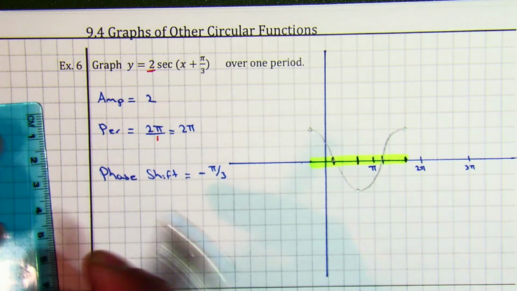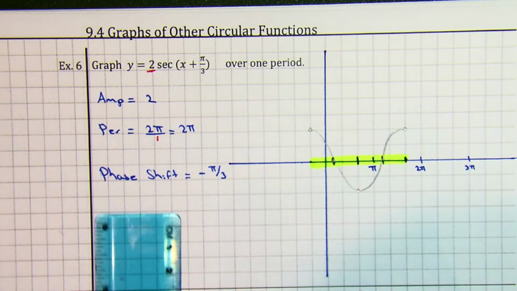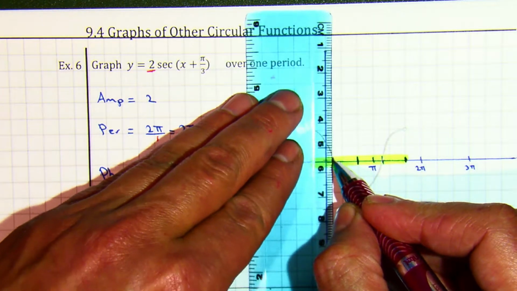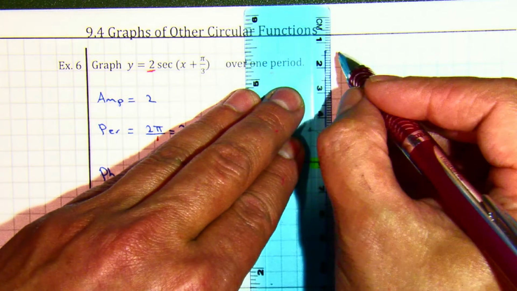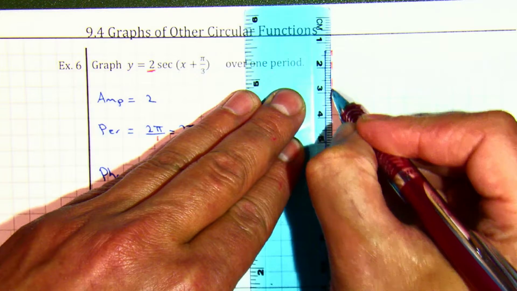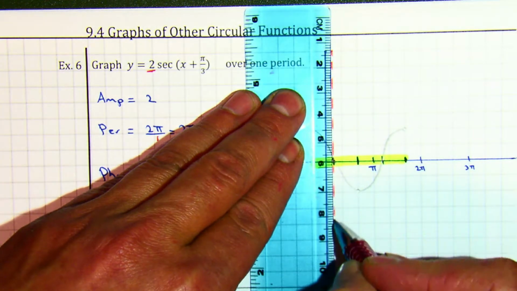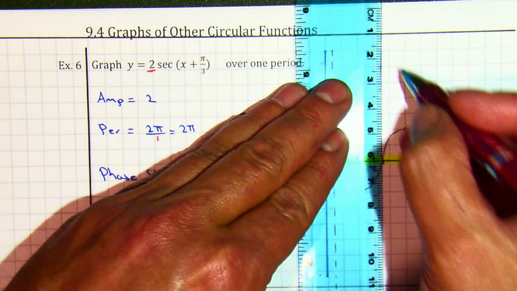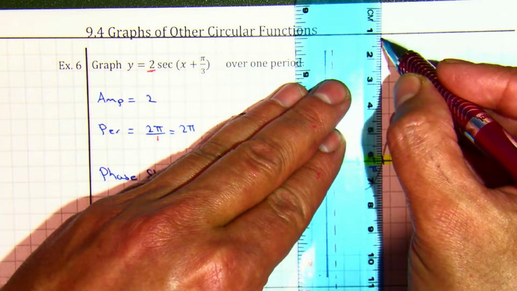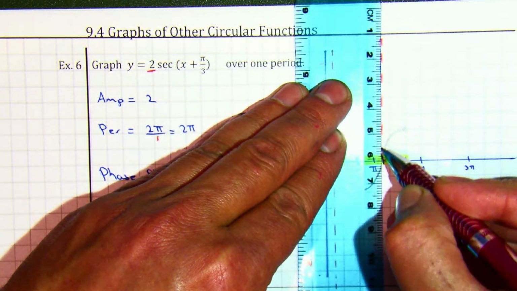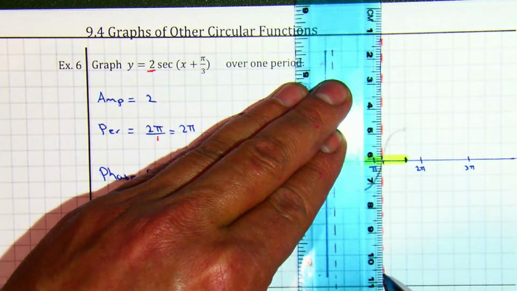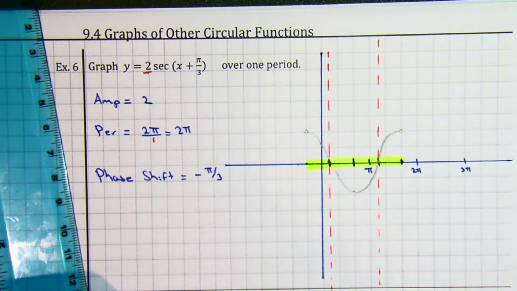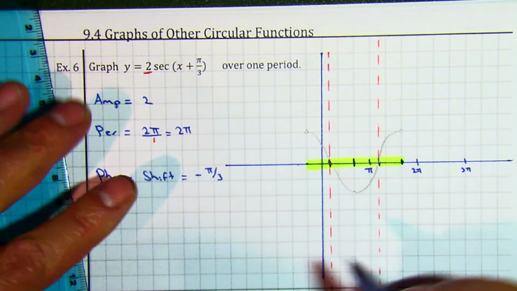But now I need to be able to graph my secant, so every time it crosses your x-axis, the reciprocal will be undefined. Therefore, my graph is in this section.